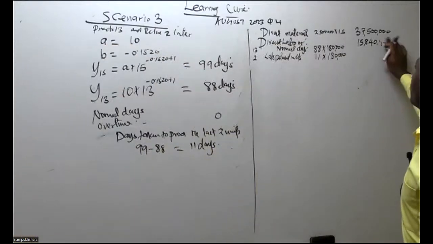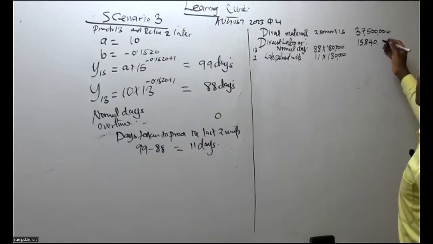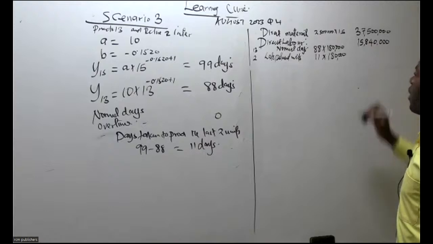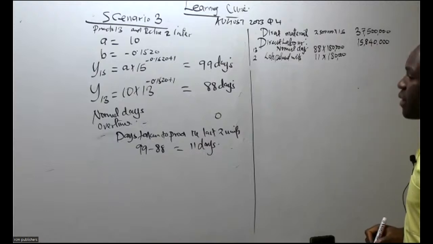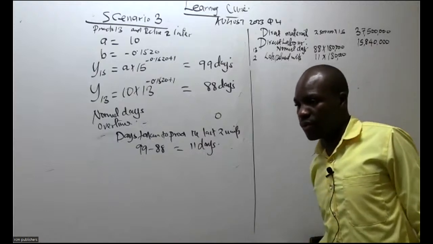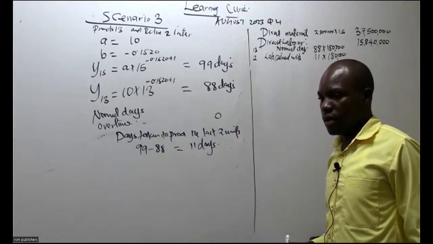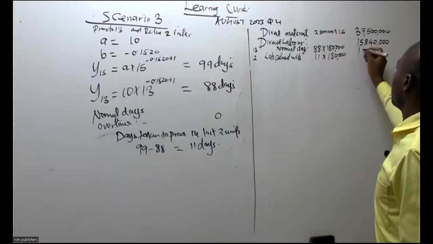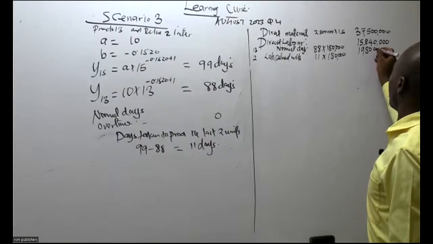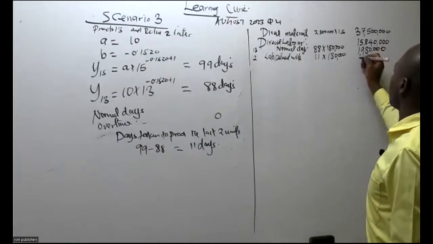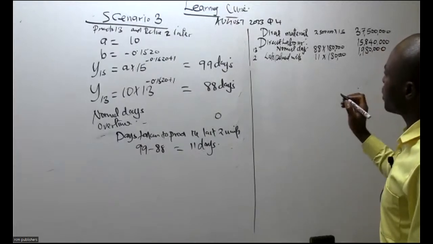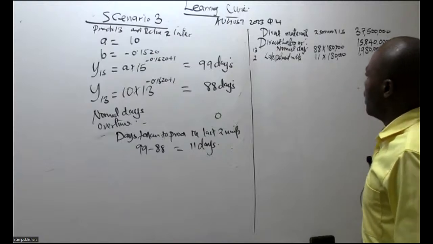So let me work with majority. You can check on that and let me confirm whoever is correct. Then 11 by 180,000 tunakuwa na ngapi? 1,980,000. Direct material, direct labor, late delivery units.